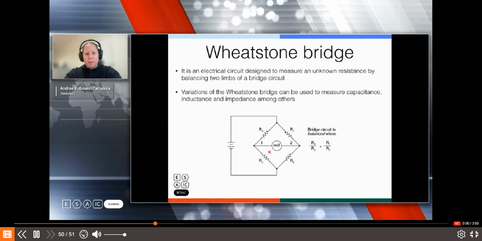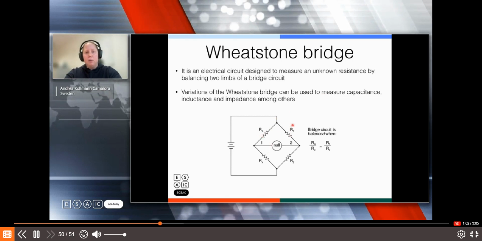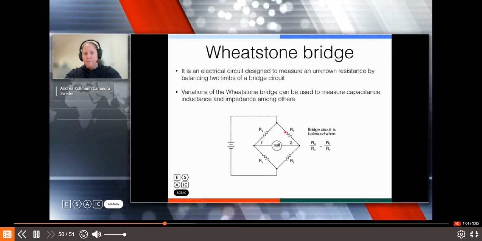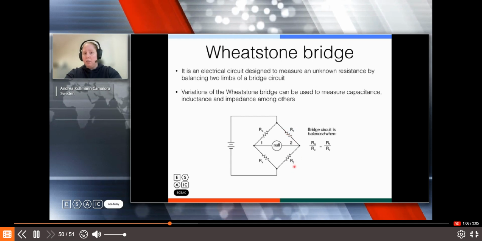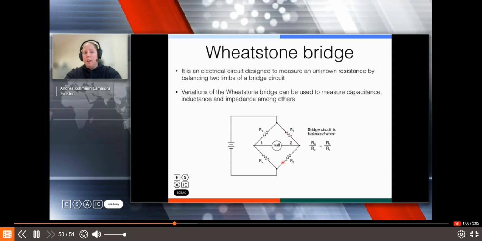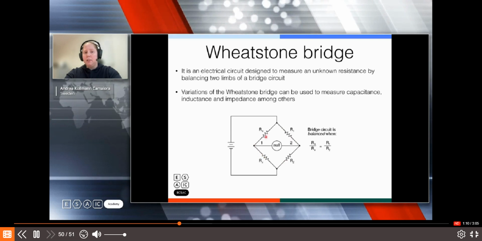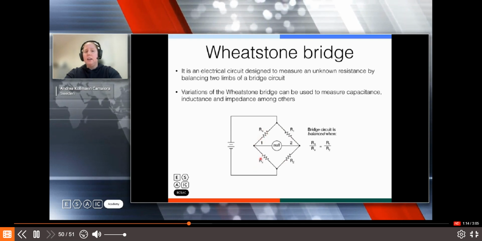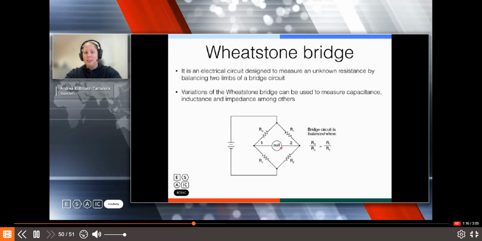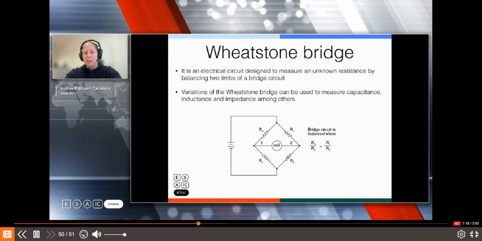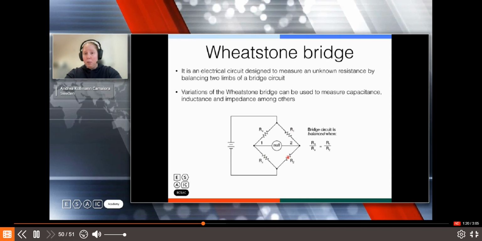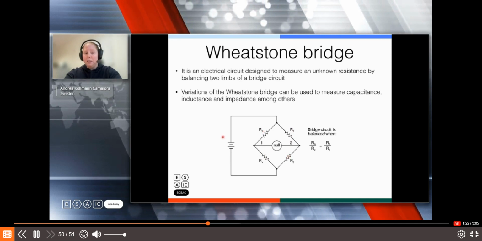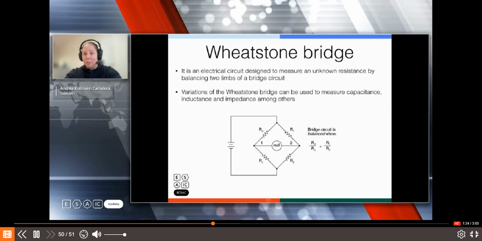So if I know my resistance 1, and I know my resistance 2, and I know my resistance A is a variable resistance, I can know my resistance X, because this divided by this has to equal this divided by this when the energy passes the system.